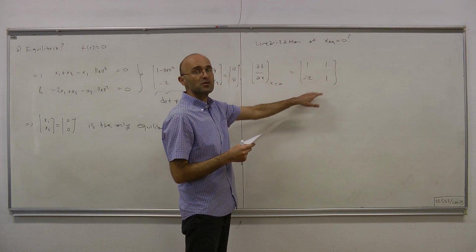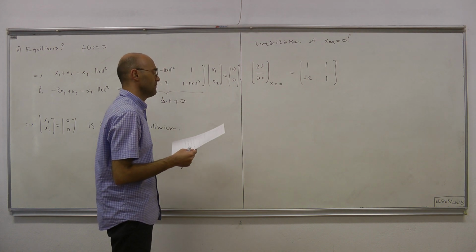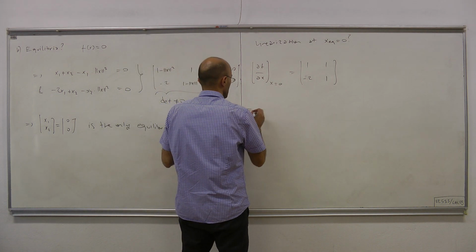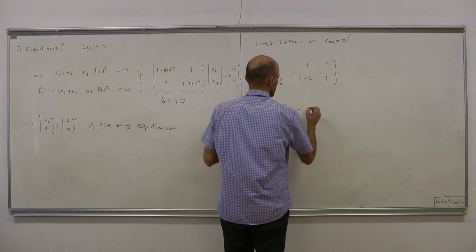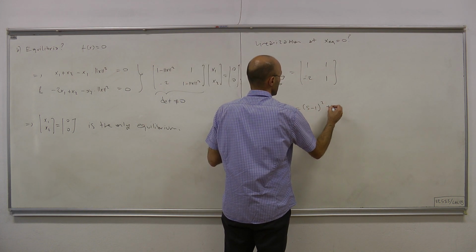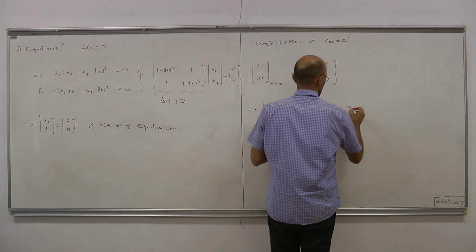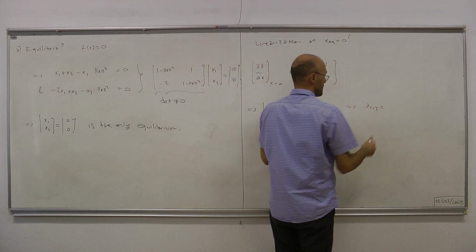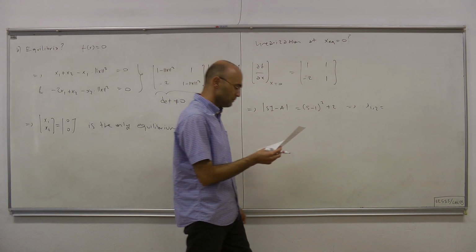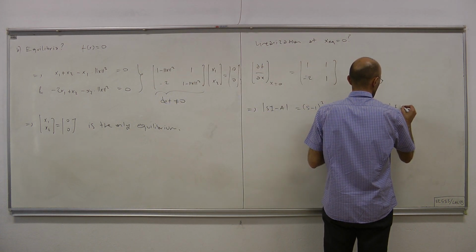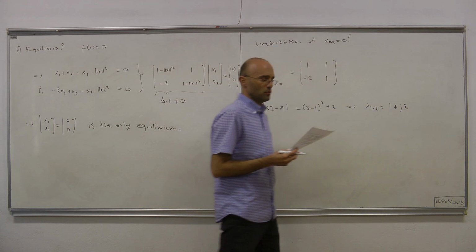Now here we have the matrix. All we have to do is check the eigenvalues. sI minus A is (s minus 1) squared plus 2. Hence, we have a complex conjugate pair with real part plus 1, at 1 plus or minus j times square root of 2.